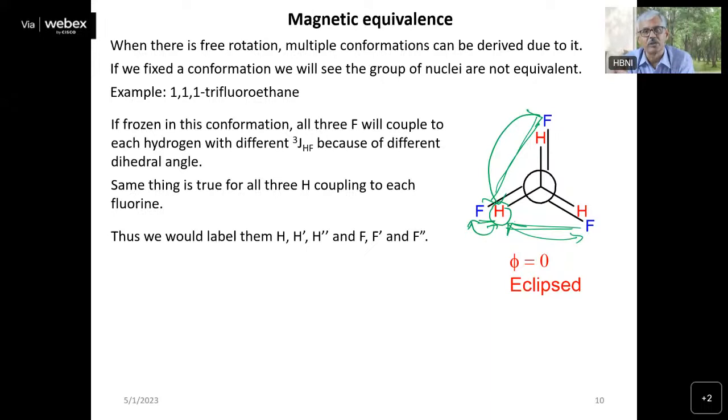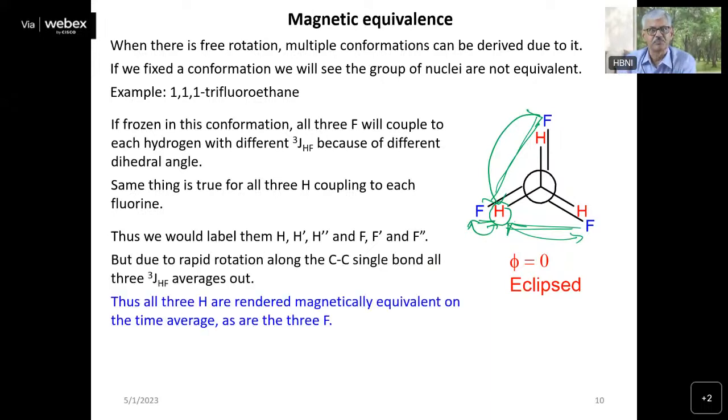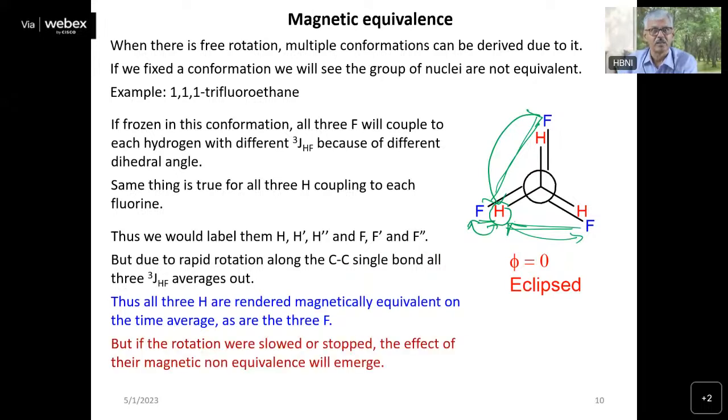Similarly, fluorine also F prime and F double prime. But as I told you, because of the rapid rotation, this gets averaged out, and you make them magnetically equivalent on the time average, for hydrogen as well as for fluorine. And if the rotation is slowed or stopped, this magnetic non-equivalence will emerge.